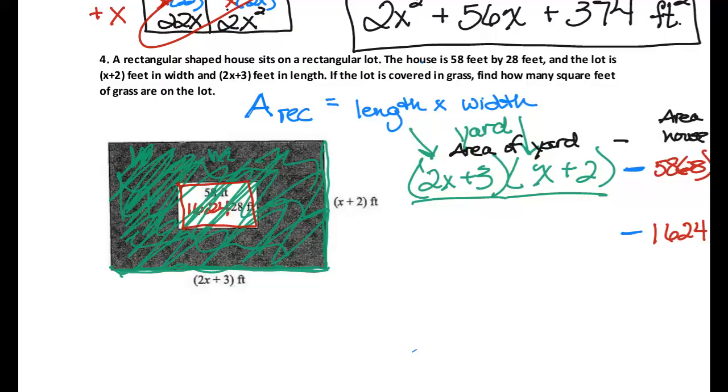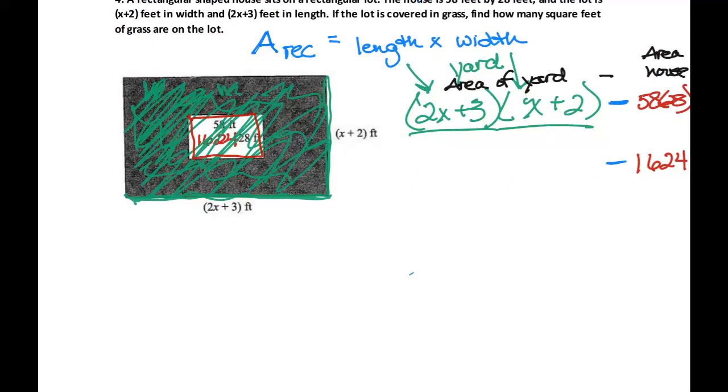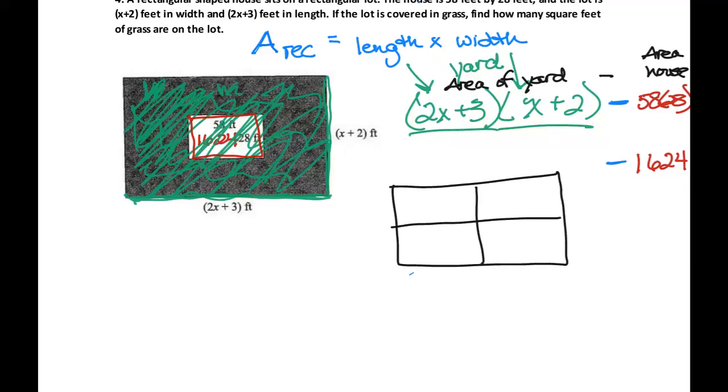This we need to multiply, but we can do that with our box method. Okay? So 2x plus 3, that's going to be on the side, 2x plus 3, and x plus 2. All right. So 2x is going to be my first factor of each times x and times 2.